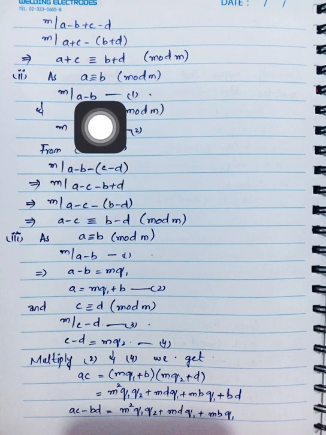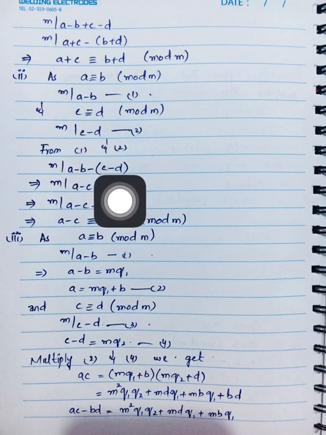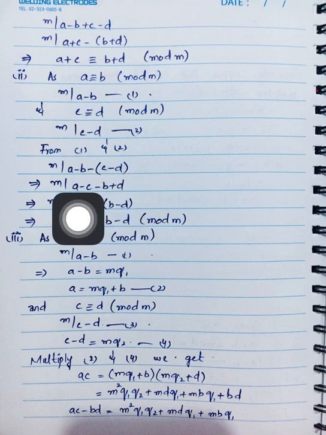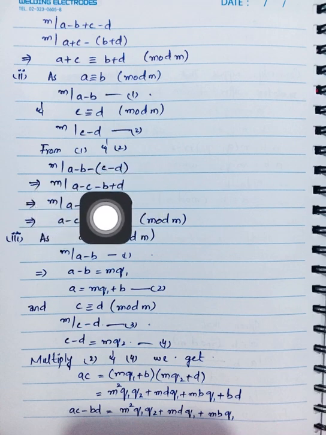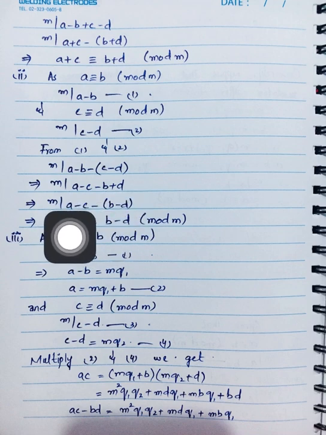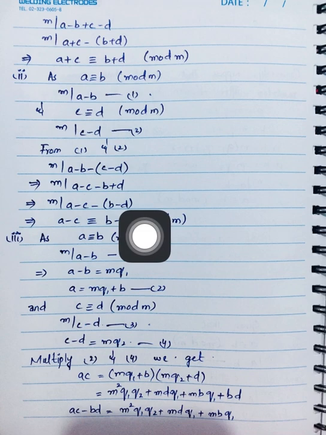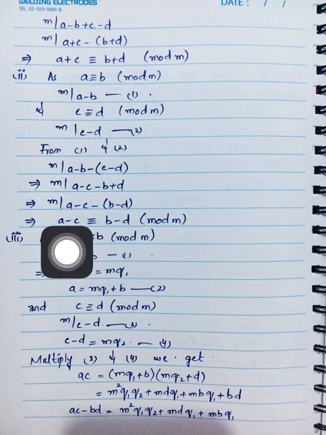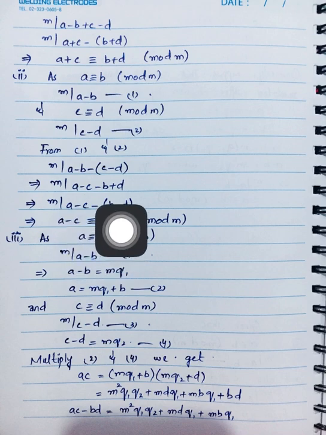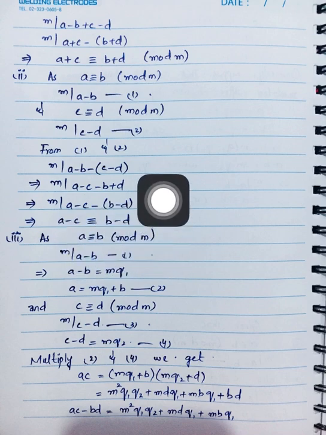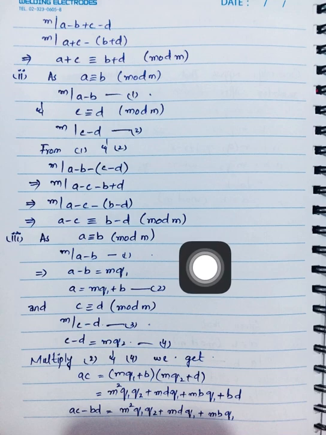So M divides A minus B minus C minus D. Multiplying this minus sign with C and D, I got the result that M divides A minus C minus B plus D. Now arranging this, I got M divides A minus C minus B minus D. So by the definition of congruence, A minus C is congruent to B minus D modulo M. So this result is also satisfied.